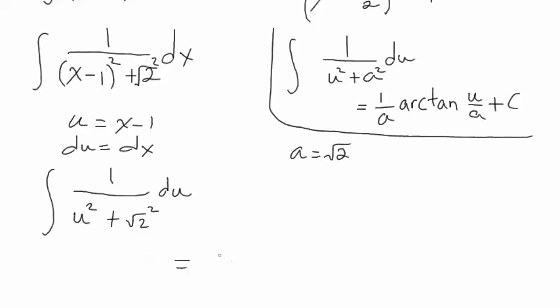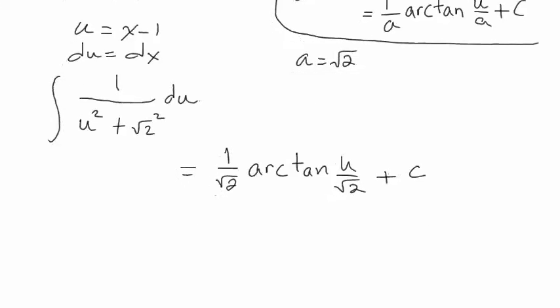So this becomes equal to 1 over a, which is 1 over the square root of 2, arctan of u over a, which is the square root of 2, plus c. Now we need to get everything back in terms of x, of course.